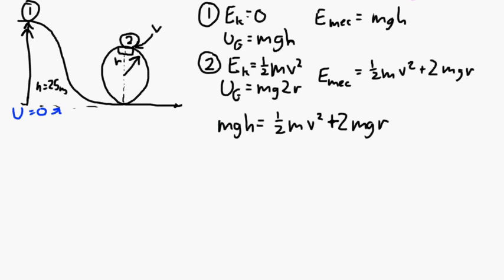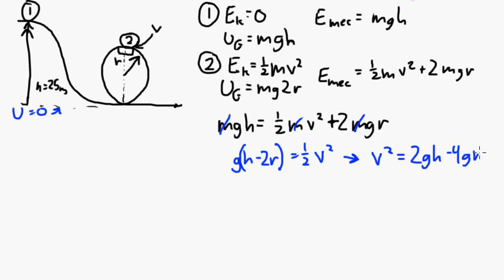We get g times (h minus 2r) equals 1/2 v squared, or v squared equals 2gh minus 4gr. That's pretty simple there, right?